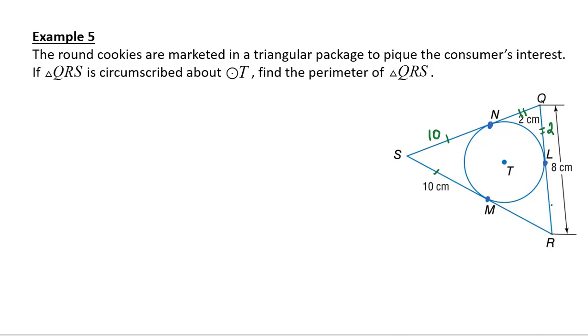One side is 2, the other side is 6, because I subtract 8 minus 2. LR is equal to MR, so that is 6. So I have a 10 and a 10, that's a 20. I have 2 and 2, that's 4, plus a 12. My whole perimeter is 36 centimeters.